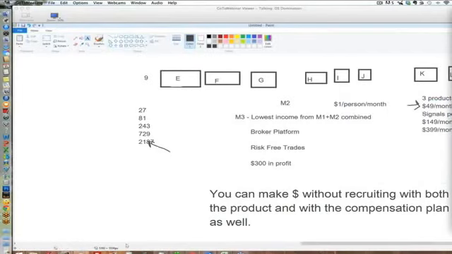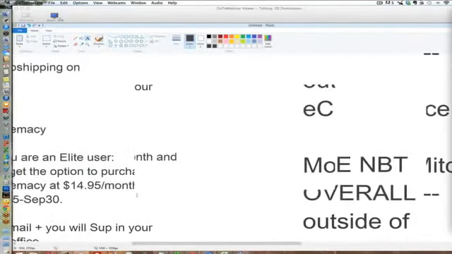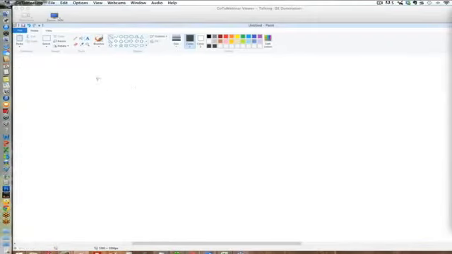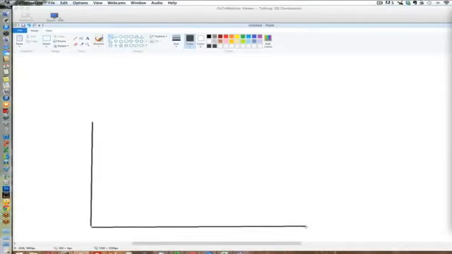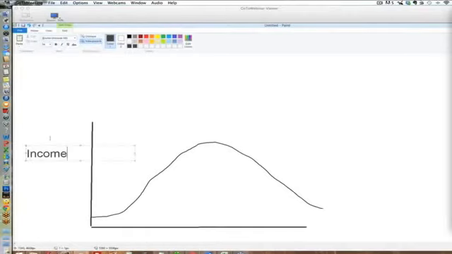If you have attended those Tuesday night webinars, then you know there's this chart that I usually draw out. If you look at the chart of the average person in their lifetime, this is their income over here, and this is their age.